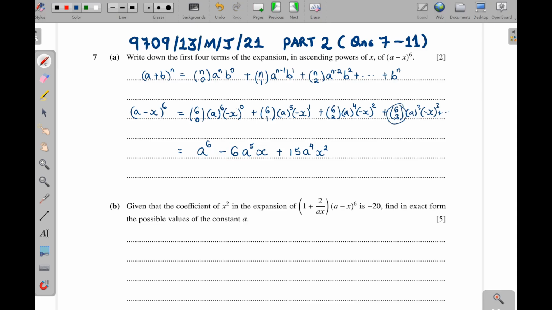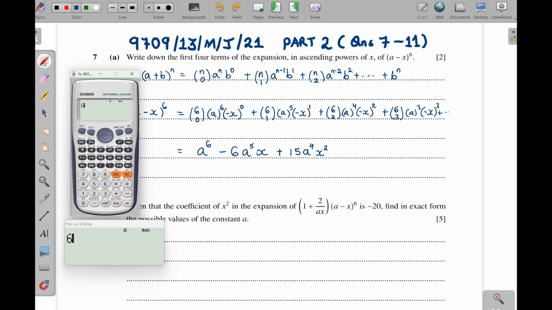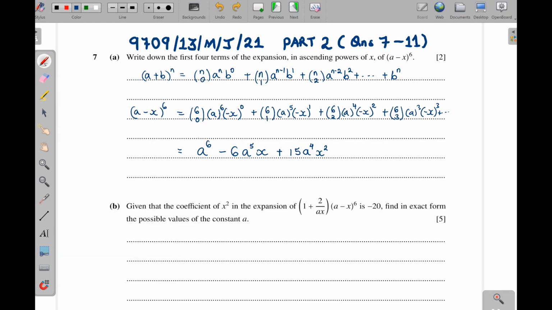Then 6 combination 3 gives us 20. Odd power of a negative is a negative, so we shall have minus 20. Then a power 3, and then x cubed, and the rest of the terms. But the first 4 they wanted are these ones here.